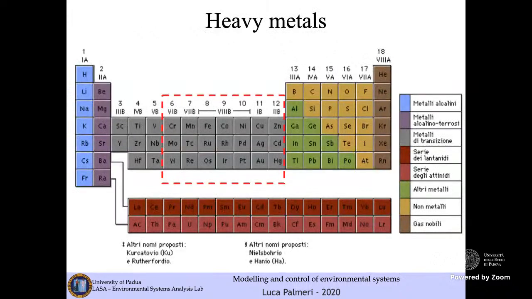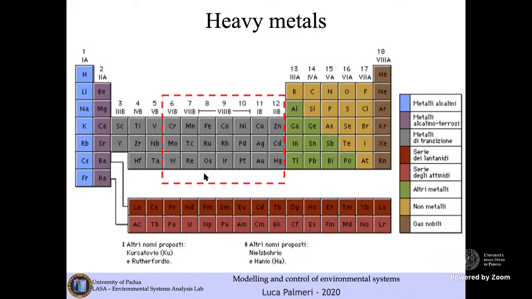So the heavy metals. This is the table of the elements of Mendeleev. The heavy metals essentially are found in these groups, the ones that are bounded by the dashed red line.